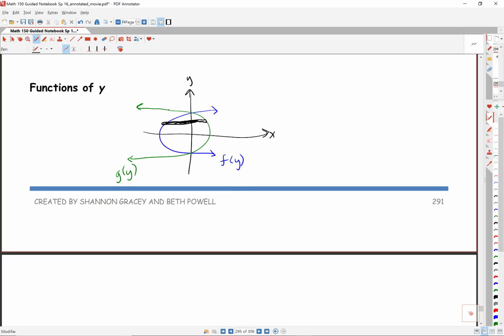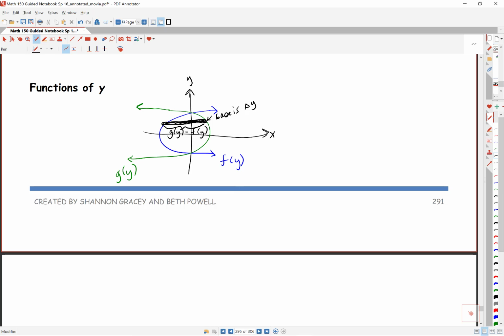And so you end up with, instead of a change in x, the base is the change in y. And this height measure is going to be rightmost minus leftmost. So in this case, it would be g of y minus f of y to get a positive number, right? We want a positive number.